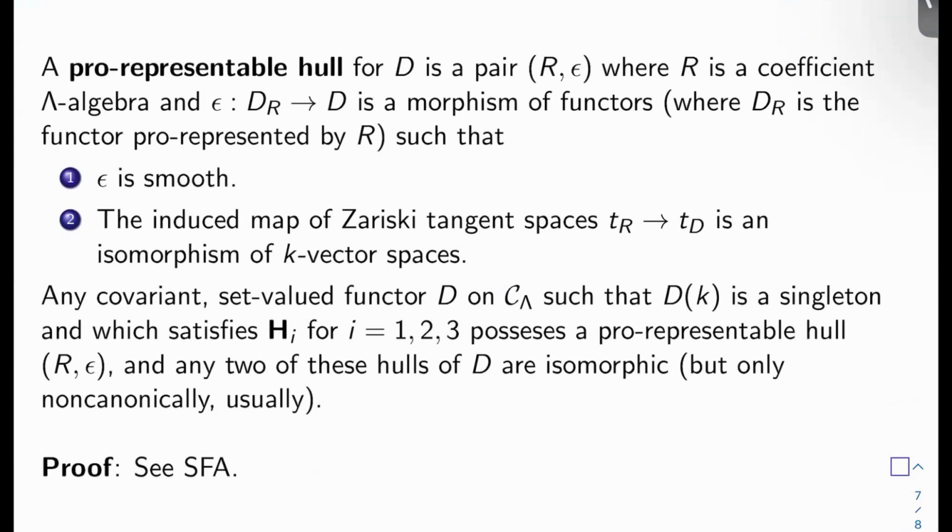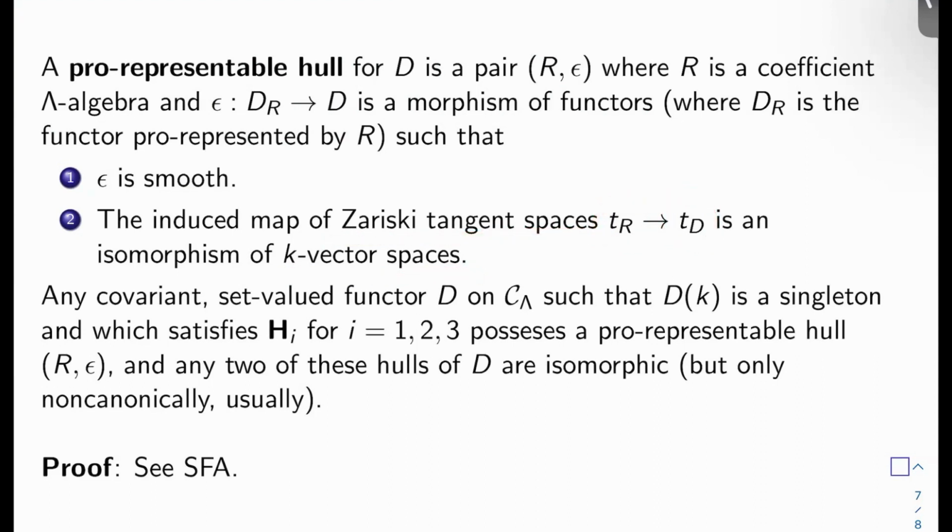Okay, so what's a pro-representable hull? A pro-representable hull for a functor D is a pair (R, ε), where R is a coefficient Λ-algebra, and ε from the functor D_R to D is a morphism of functors, where D_R is the functor pro-represented by R, of course, as usual, such that two things hold. This map better be smooth, okay? And then the induced map of Zariski tangent spaces, T_R to T_D, is an isomorphism of K vector spaces, all right?